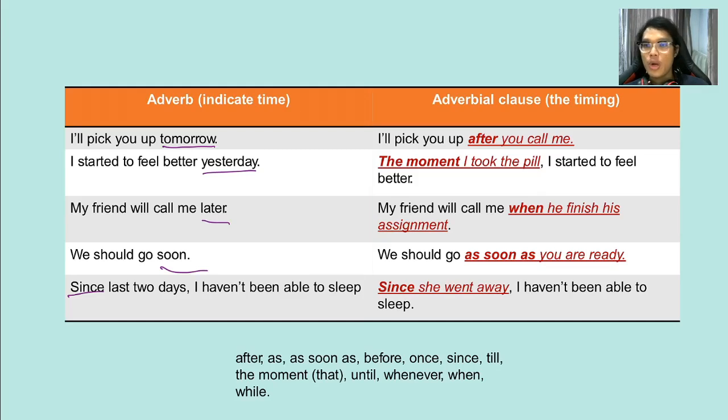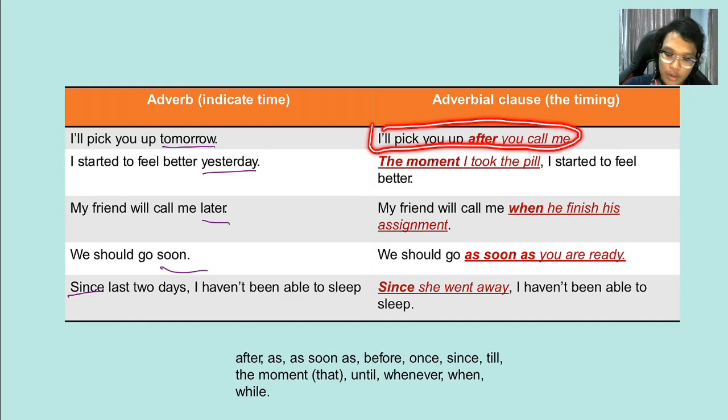I will pick you up after you call me. I will pick you up tomorrow. I will pick you up after you call me. So you might see that the two sentences are the same. It will happen in the future. It will happen tomorrow, but the sentence that gives the listener more detail and more understanding should be the second one, right?